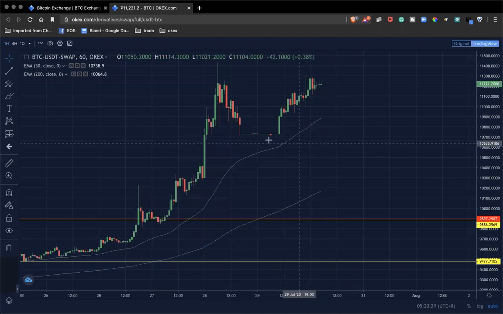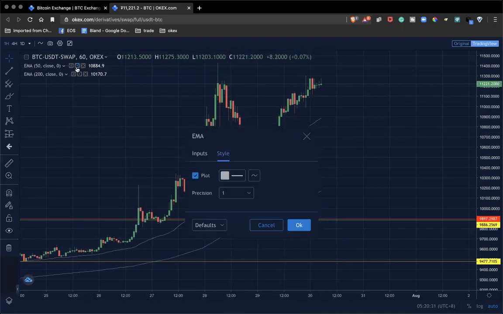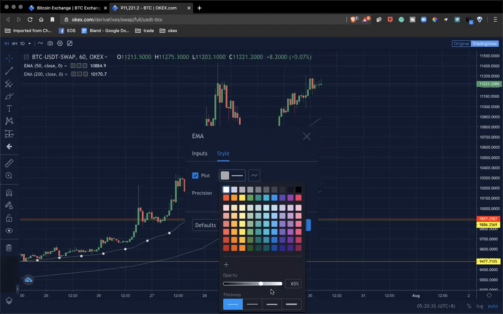So we've talked about these indicators before. We've said that they basically show you the trend of the market. Now, indicators are supposed to indicate certain things to you and help you make a decision.